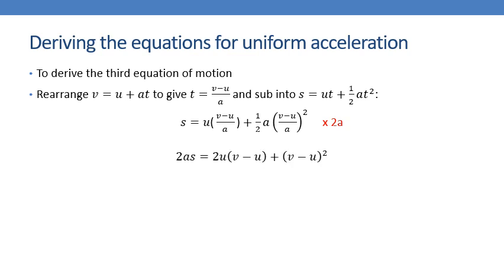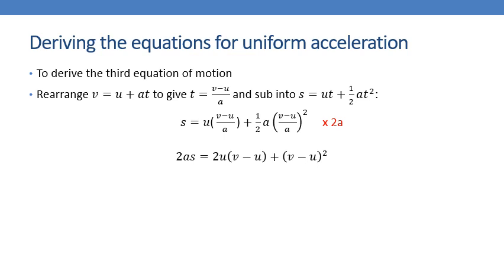So then we end up with 2as is equal to 2u times v minus u. The a has gone because we multiplied by 2a in this particular term, so we've cancelled it out.